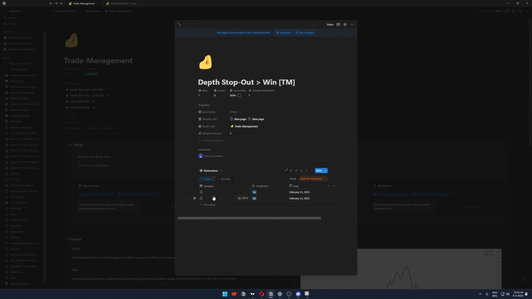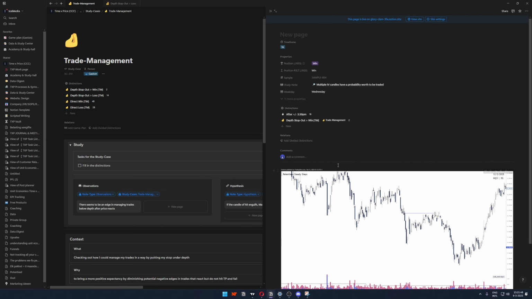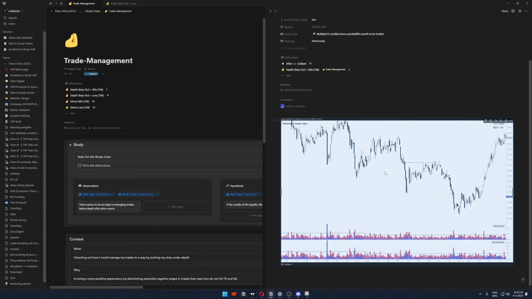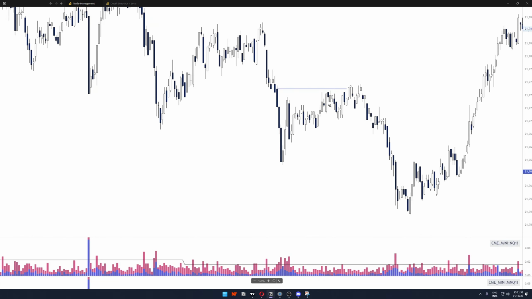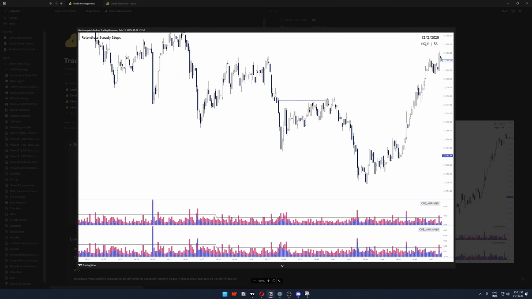That's this sample. And as you can see, this was a bit of an unclear level that happened pretty late. So as you can see in this example, which I mentioned earlier on, price becomes quite illiquid and gappy like this, which does not show the best levels or the most valid levels, and it's even outside of the time I trade.